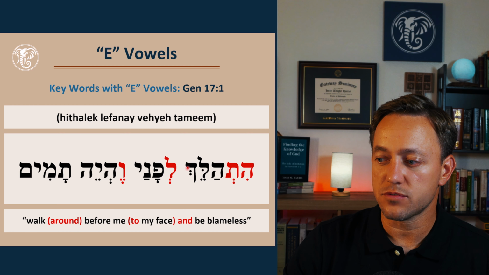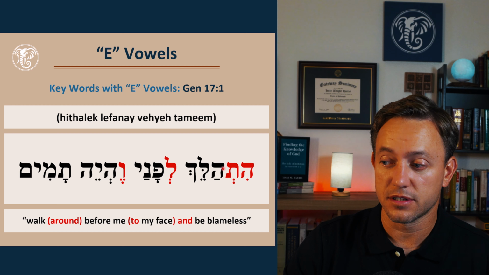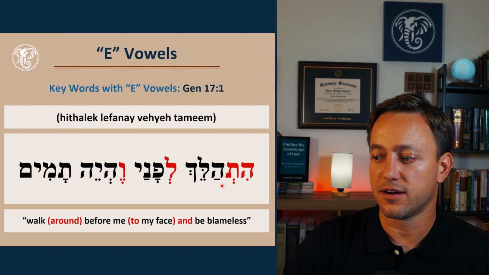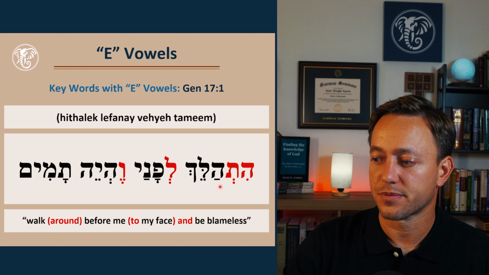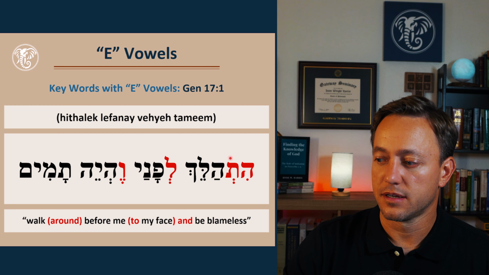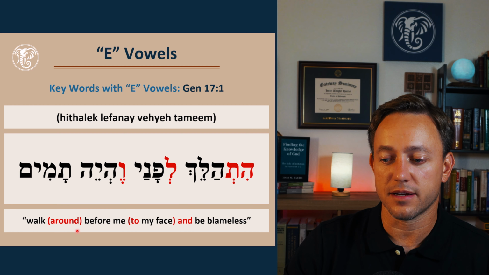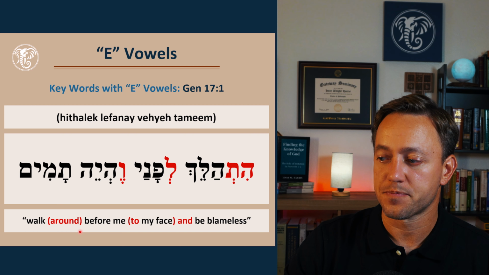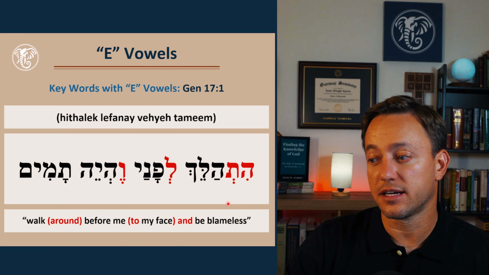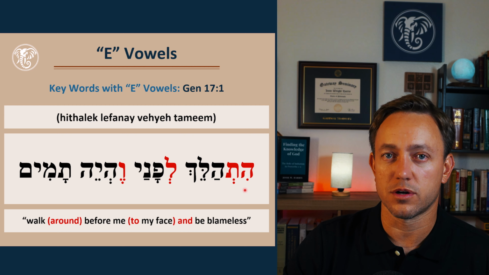Well, we have this root word, halak, which we learned a while back in our hey form. And this hit part is a unique special verb type that we'll talk about in the grammar some more later on. But it means basically to go back and forth or just more indiscriminately.